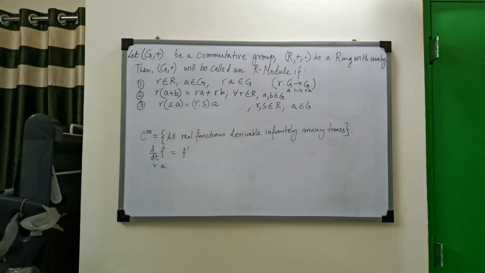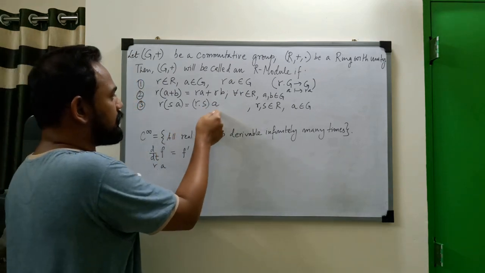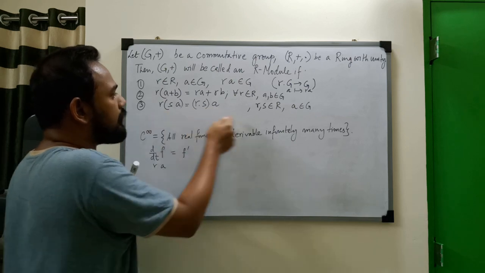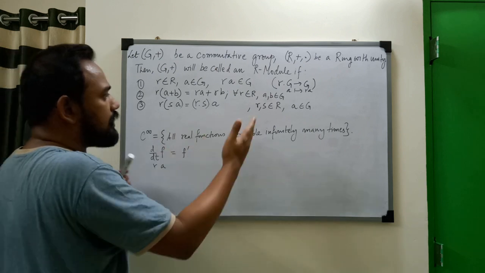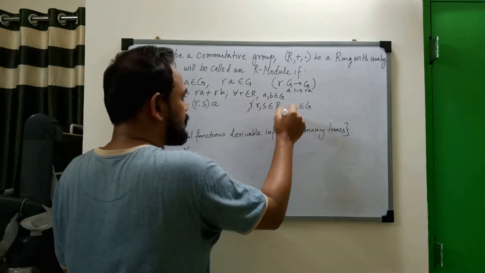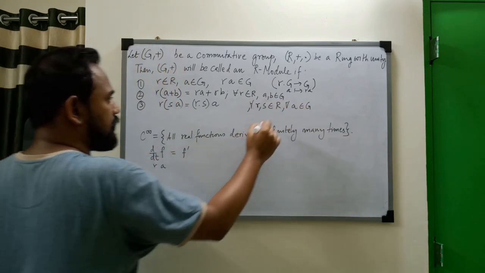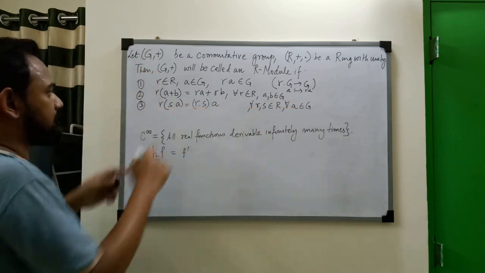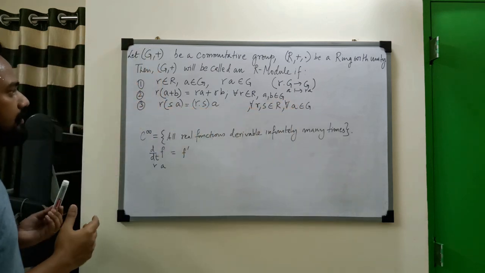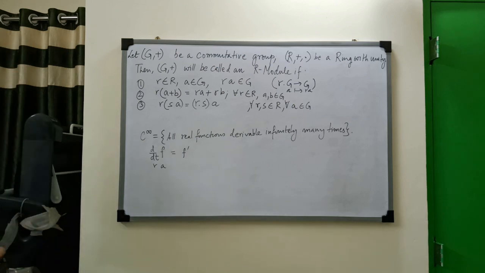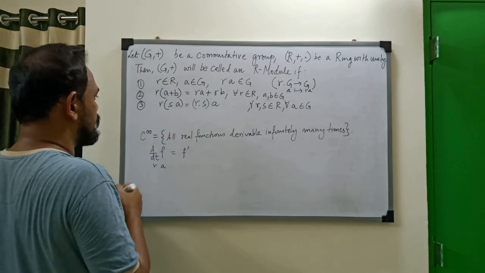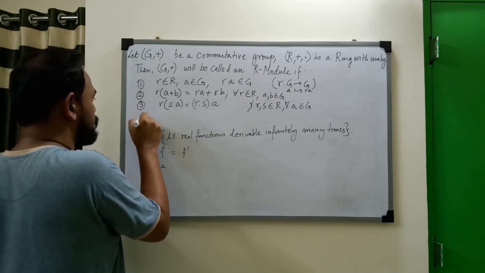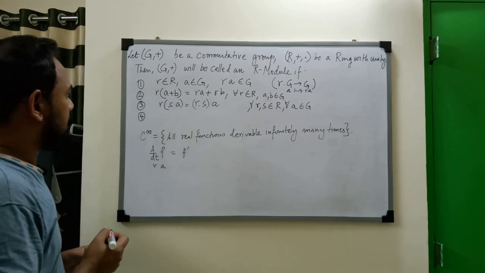And this should act on A. So if for all R, S and A like this, they follow this kind of a relation, then again it goes towards being called an R module. G here can be called an R module, but it should follow the fourth one.